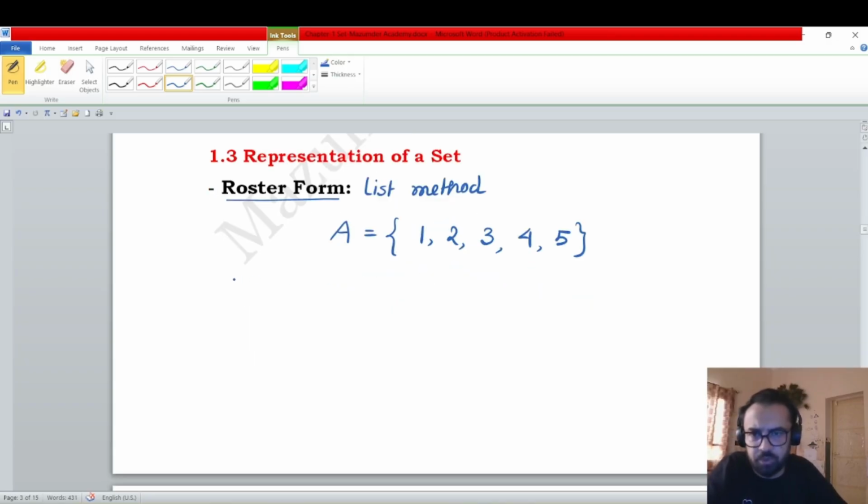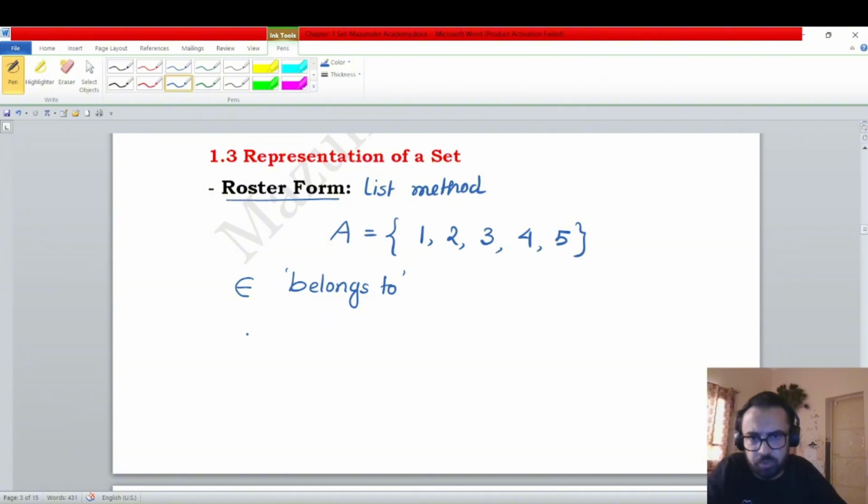There is a symbol, let me tell you this symbol here itself. This symbol, some of you might know, is called belongs to. What does it mean?